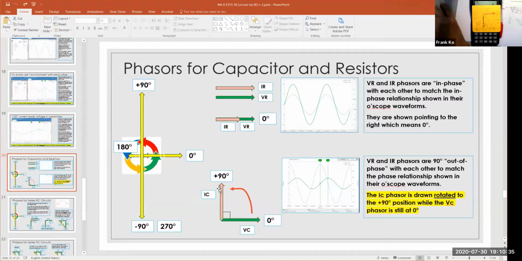Which one's leading? Current leads for capacitors. In an RL circuit, we have a different ball game, and we're saving that for another semester. Good question. I appreciate the question. Hopefully this helps bring a little greater clarity as to why we're dealing with negative in this particular set of circumstances. All right, moving right along.